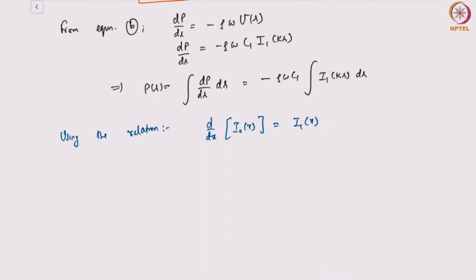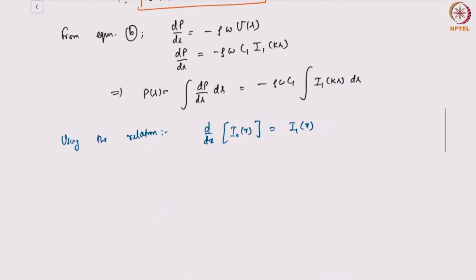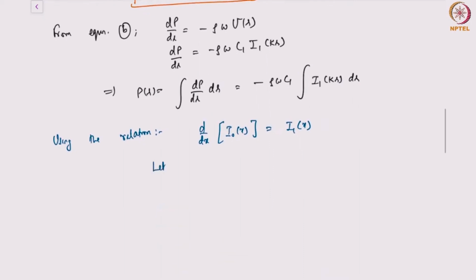So you have I0 as well. So we have the derivative relation between these. The reason I'm using this relation is you can already anticipate where I'm going with this. So the integral of the left hand side will just give me I0, and the right hand side I'm going to get integral of I1 of x dx. Right? So that's a relation.